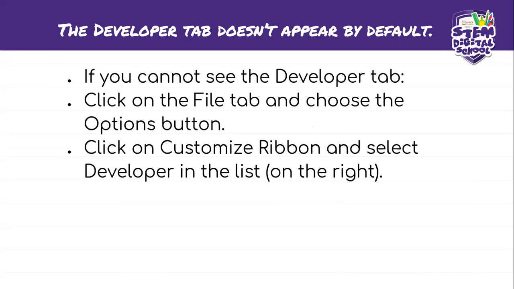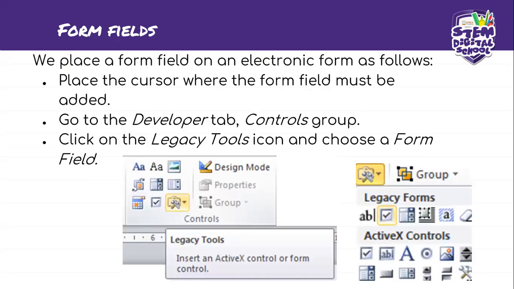You know then what to do. Developer tab, controls group, then you click on your legacy tools. There's a legacy tools icon there. You choose a form field. If it's a name text, or if it's something that requires a checkbox, you can select a checkbox. Selecting a checkbox is very easy.